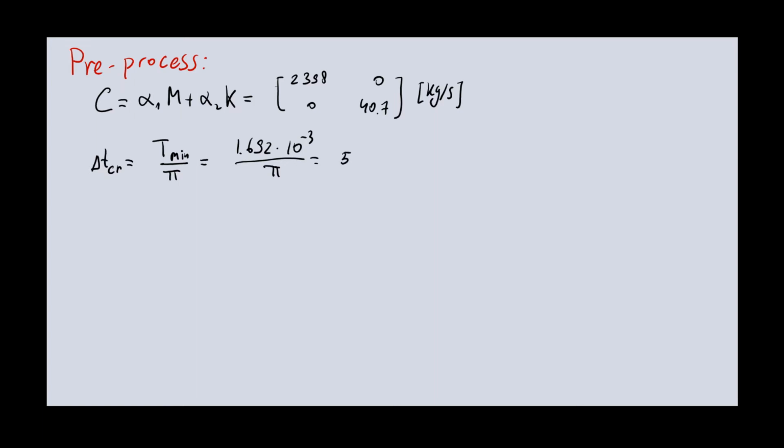So we obtain the value 5 seconds. Size of the time step shall be smaller than this value, so we take it equal to 1 times 10 to the power minus 4.